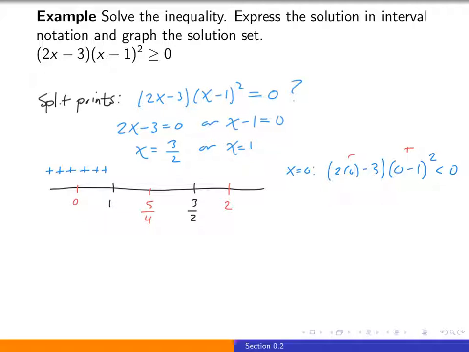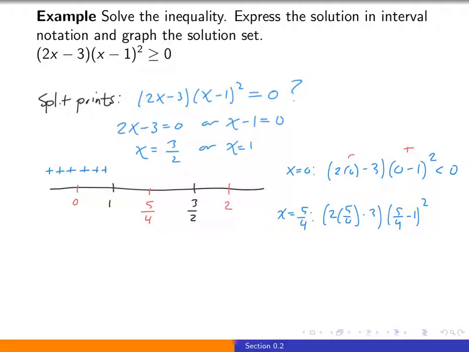Then we go to the second interval. Our test point is 5/4. So we plug 5/4 into the expression. So 2 times 5/4 minus 3 multiplied by 5/4 minus 1 squared. And recall, once again, we don't necessarily care what the value is, just whether it's positive or negative.